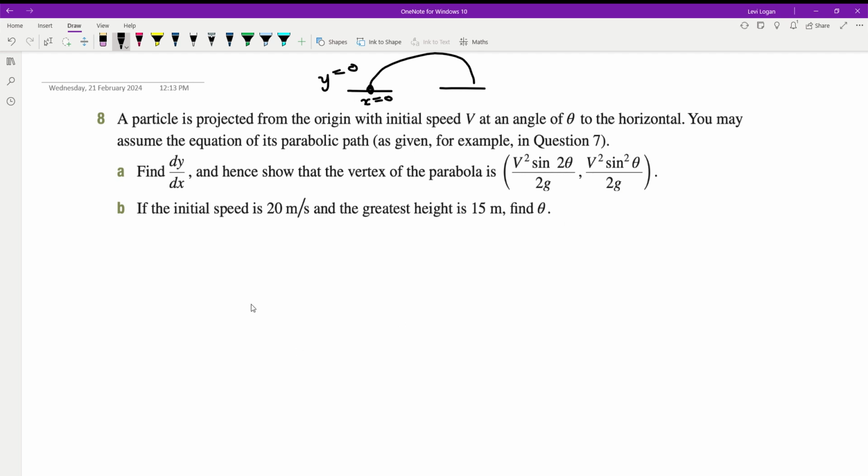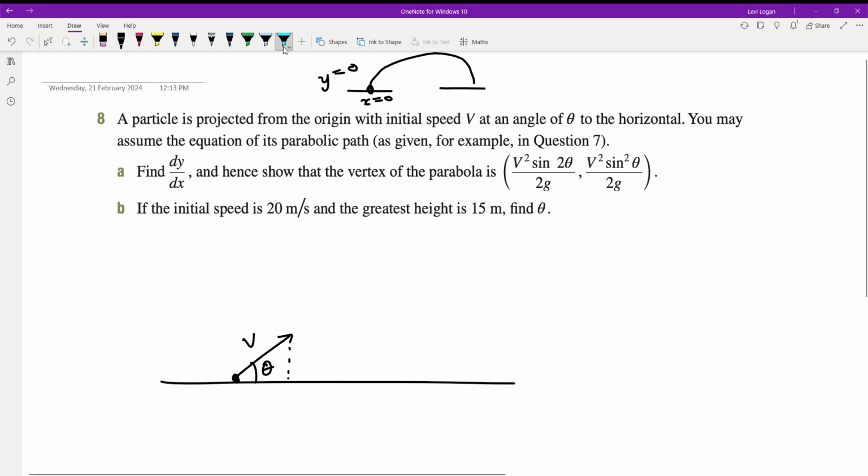Okay, so with this, we need to use pretty much vector calculus. So we have a scenario like this, where we have a particle that's been shot with a velocity of v at an angle of theta. Now we don't know what those are, but we do know your initial velocity here, because you have the components. So you have this vertical component and this horizontal component respectively. This component here would be v sine theta, that's your vertical initial component of your velocity, and this would be v cos theta.